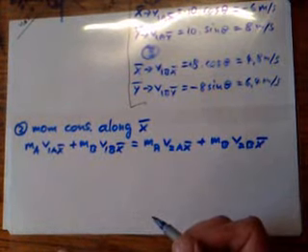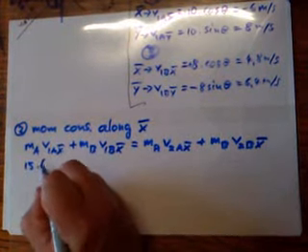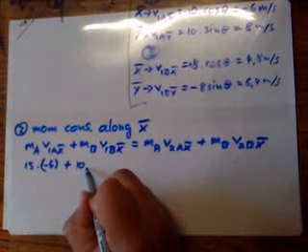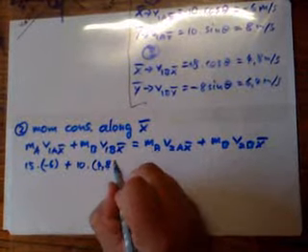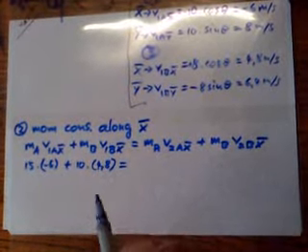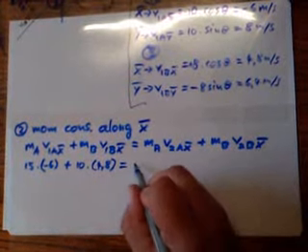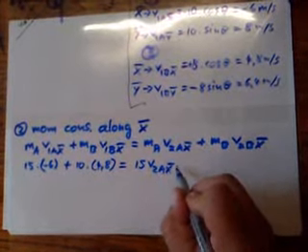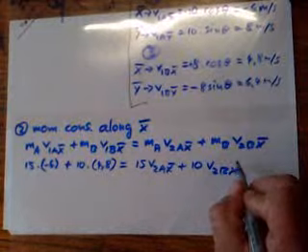And if we're putting in the numbers, what I get is 15 times minus 6 plus 10 times 4.8 is then equal to 15 V2A x bar plus 10 V2B x bar.